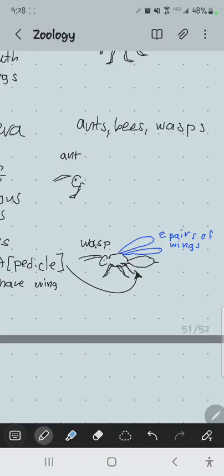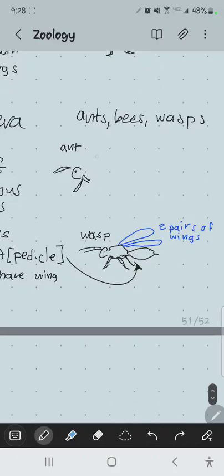Because one of the first things that you would do to make a key, and we'll take a break and I'll show you how to make a key, I'll pull the insect boxes out. One of the first things you do when you make a key is you try to make a major break for the different types of organisms. And I think wings are probably the easiest way to make a first cut in insect identification. So with wings or without wings.